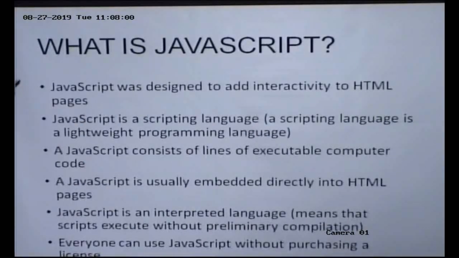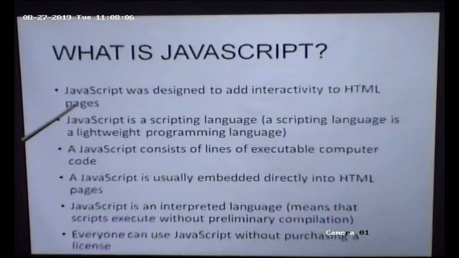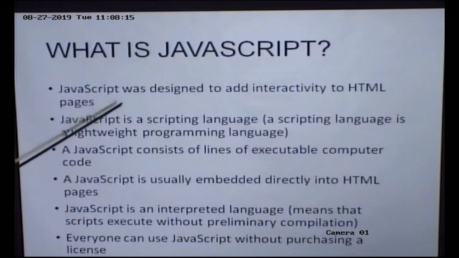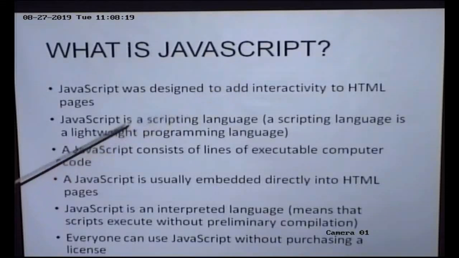So what is JavaScript again? It is designed to add interactivity to HTML pages. If you add JavaScript to an HTML page, the normal static page becomes an interactive page. It creates interaction, and the page becomes dynamic. Then, JavaScript is a scripting language.